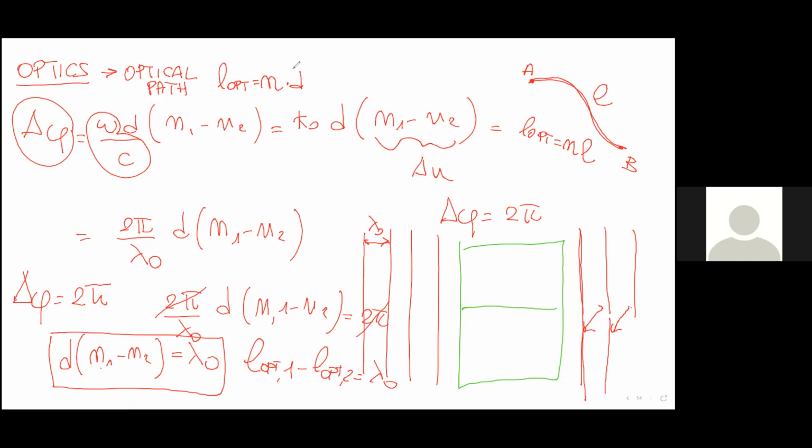So to get a phase shift of 2 pi, the difference of the optical paths must be exactly a wavelength. If you want a phase shift of pi, the difference of the optical paths must be half the wavelength, and so on. And this is just to introduce the optical path.